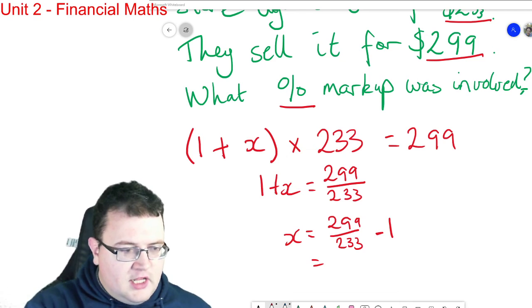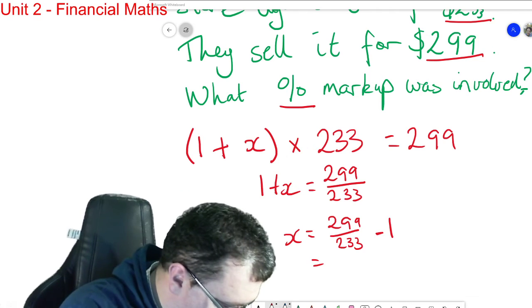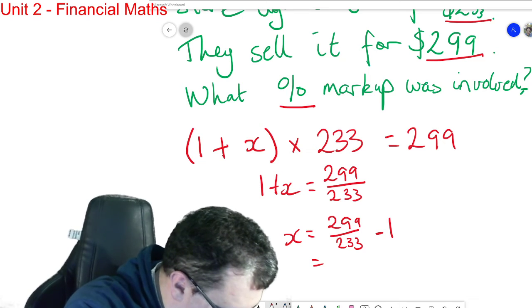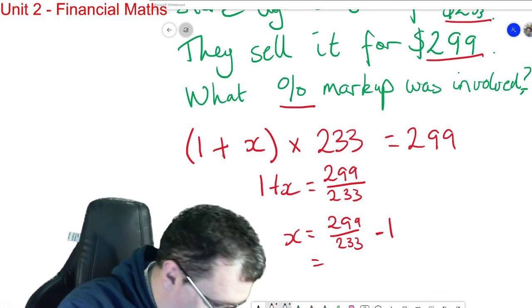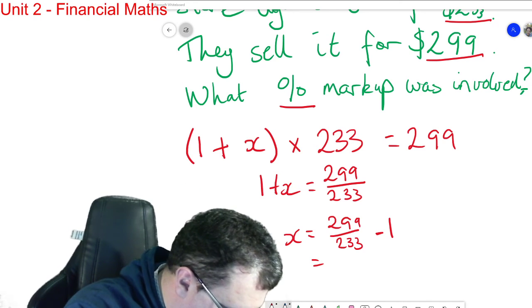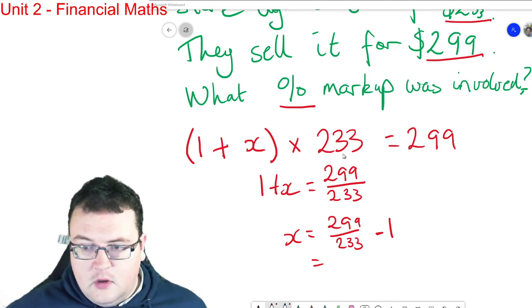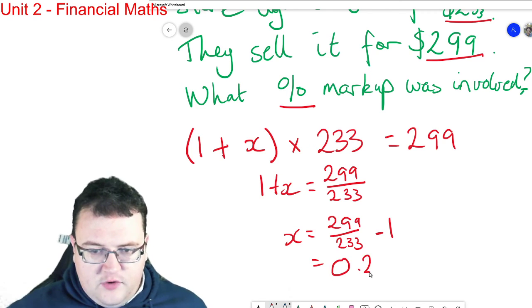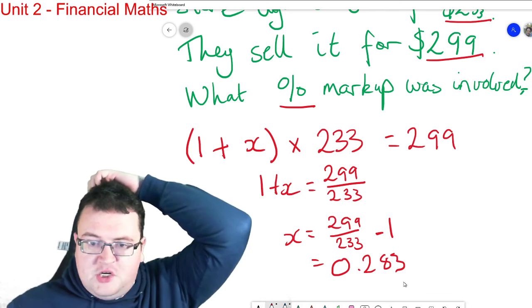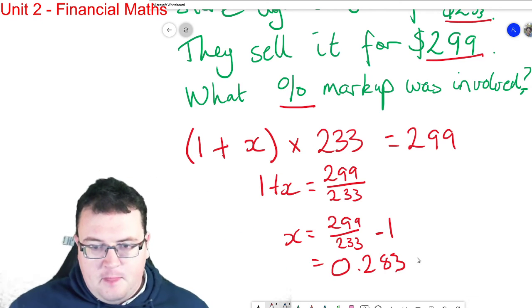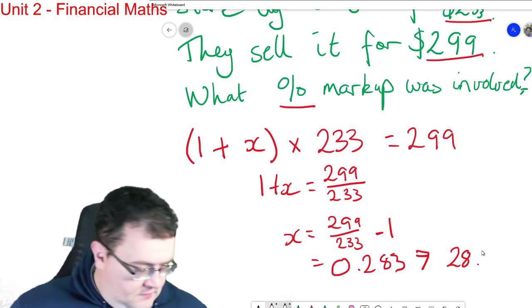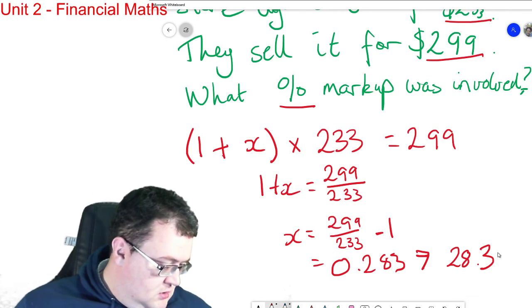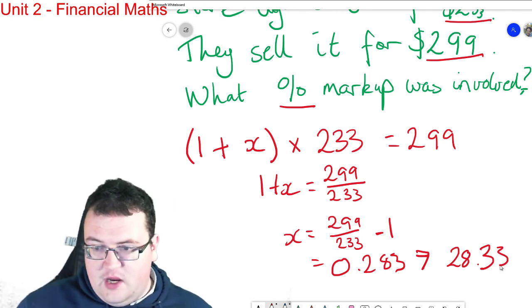And using our calculator, 299 divided by 233 minus 1 is equal to 0.283, which we then turn into a percentage by multiplying by 100, and we have 28.326, which will be 33%.